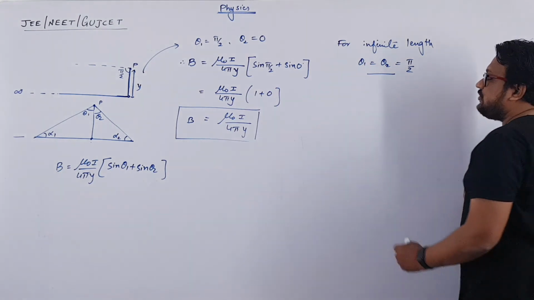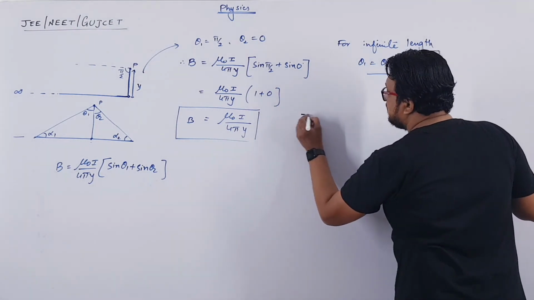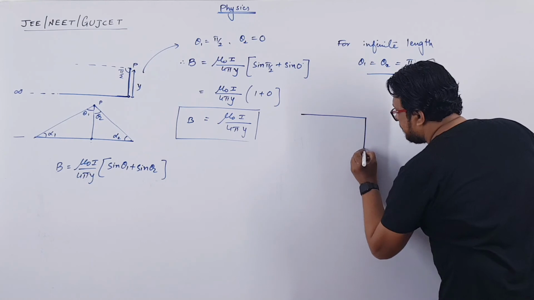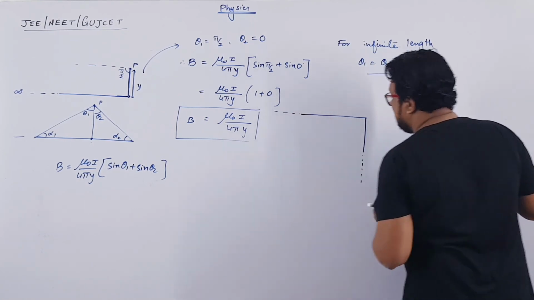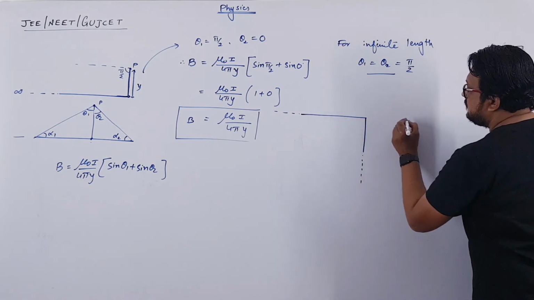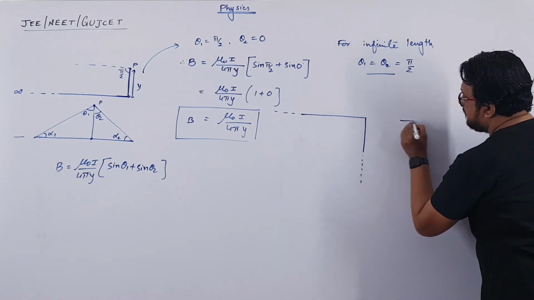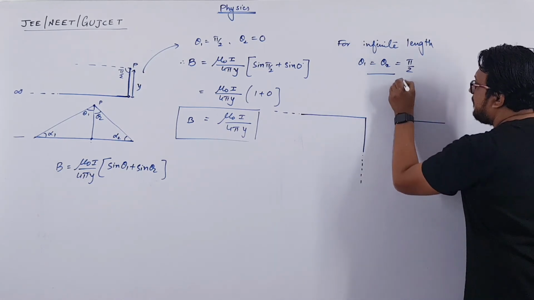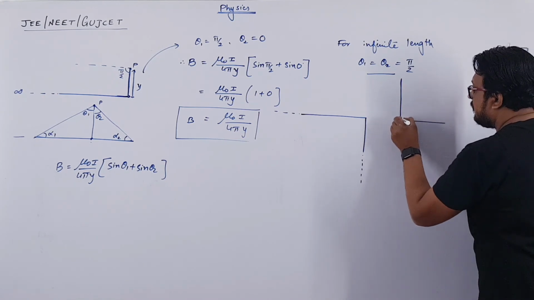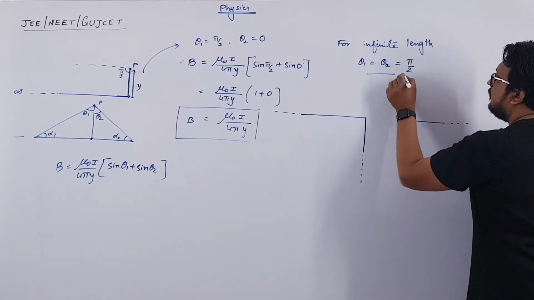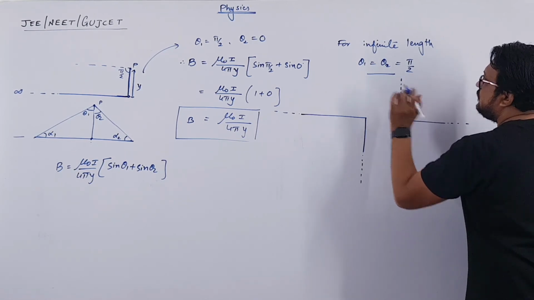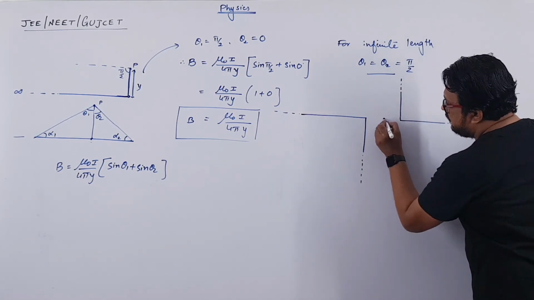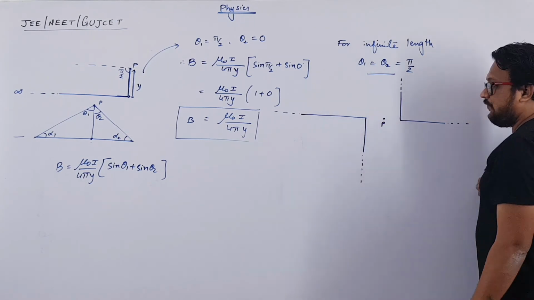Now the question which was given to you was something like this. Actually, right now I do not have that exact data, but something like this was there. This point was point P where we want to find the magnetic field.